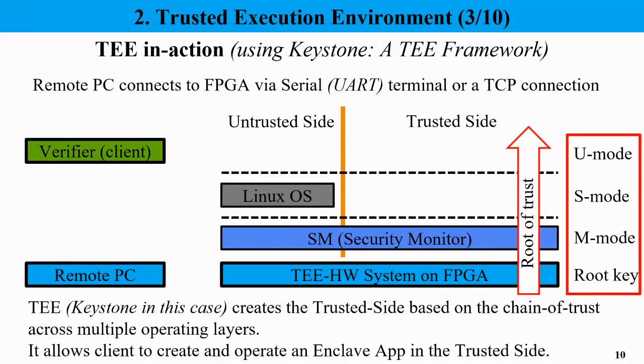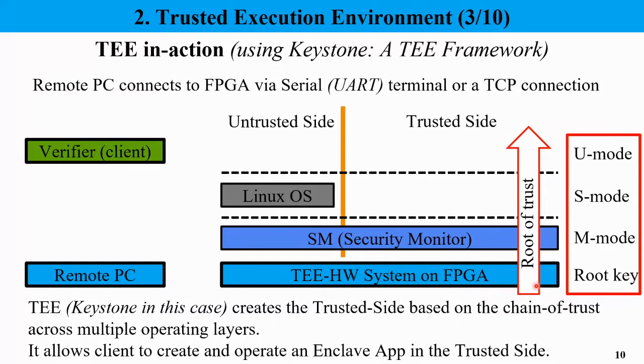Keystone builds a trusted execution environment using a chain of trust that is distributed across multiple layers of execution privilege. The chain of trust starts with the root key stored securely inside the silicon, named the silicon root of trust.